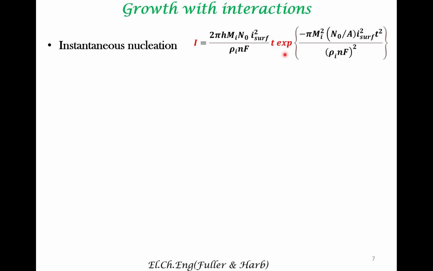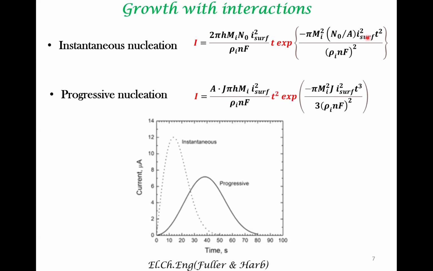But what is important to notice is that the exponential term will start kicking in as t becomes larger. Both in instantaneous nucleation and progressive nucleation, you can derive expressions where the growing crystals interact with each other. So in both, there is an exponential term.